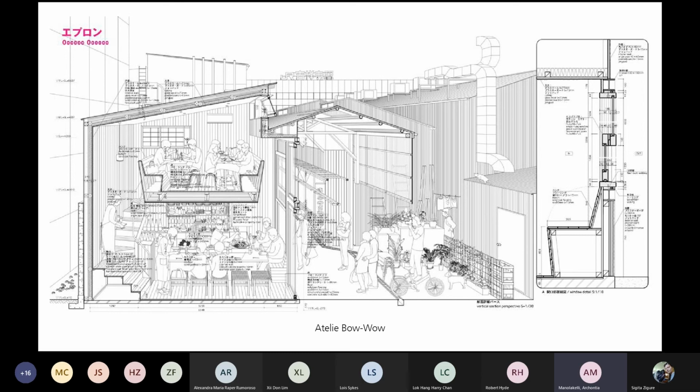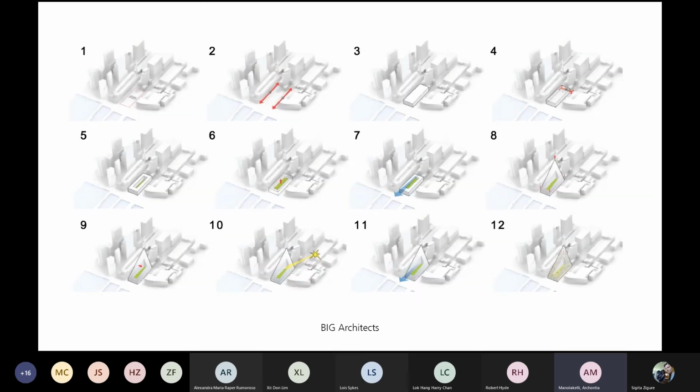Same for big architects with their very quick concept diagrams. It's a very good way of telling a story of a project that is quite enticing, and it has its own style once again.